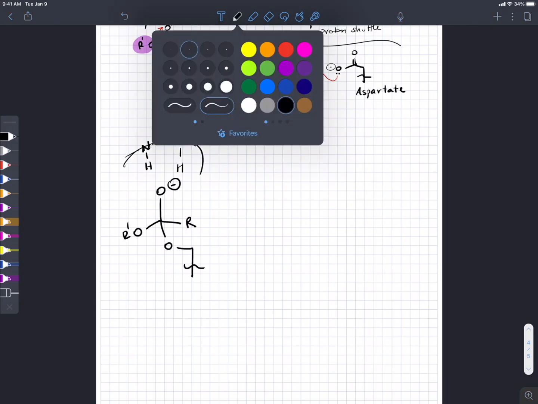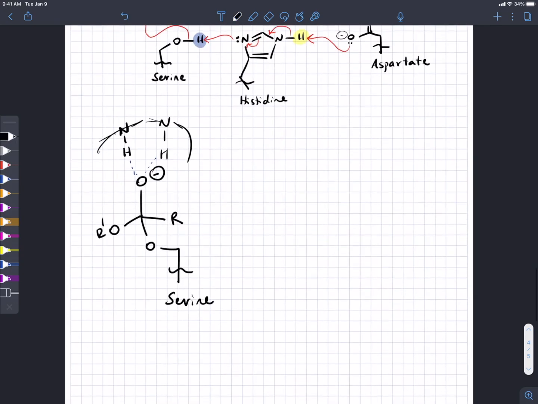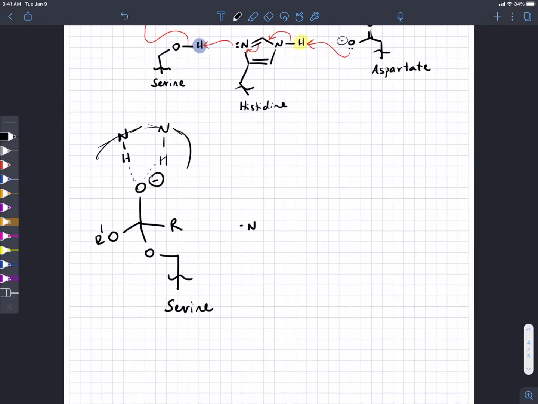So after serine attacks, it is bonded to the carbonyl carbon in a tetrahedral intermediate, and that negatively charged oxygen is hydrogen bonding with the oxyanion hole. And the other side chains, let's look at what they look like. This is what the histidine looks like, and this is what the aspartate looks like.